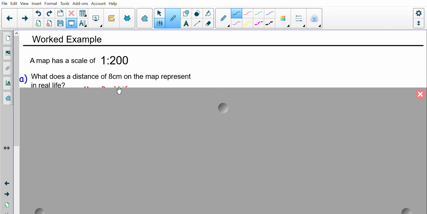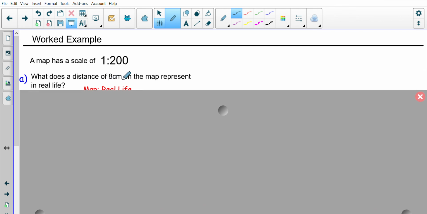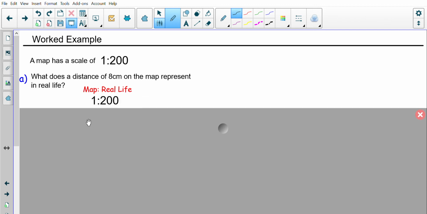So if we're asked what does a distance of 8 centimetres on the map represent in real life, let's start with our ratio, and again we're going to write the map on the left because the smaller section of length is obviously going to be what's on the map, and the 200, the larger section of length, is going to be what's in real life.